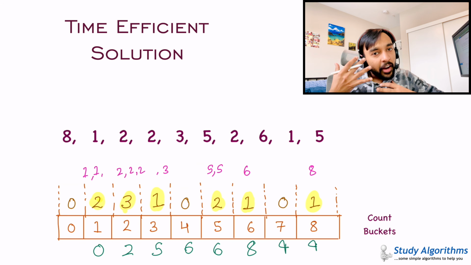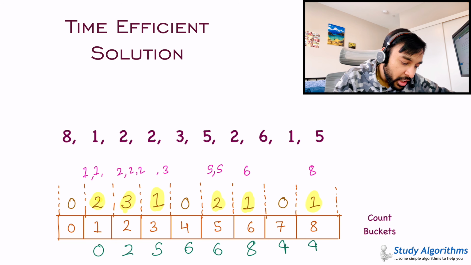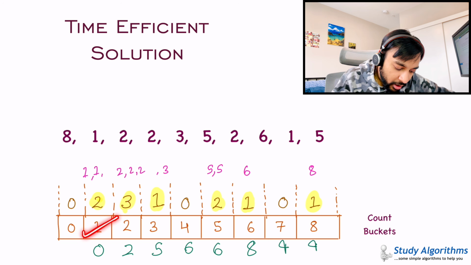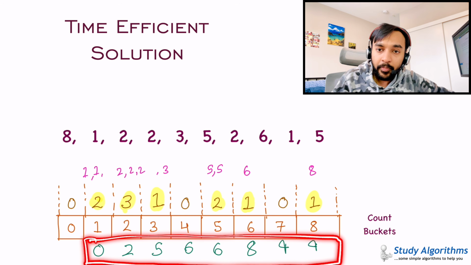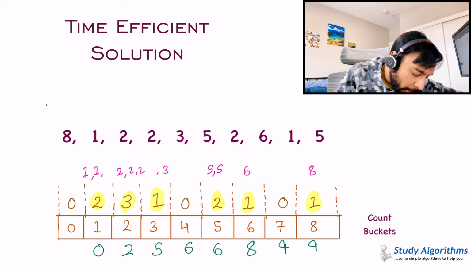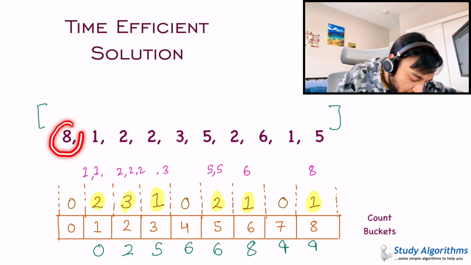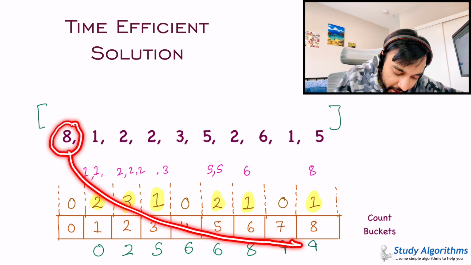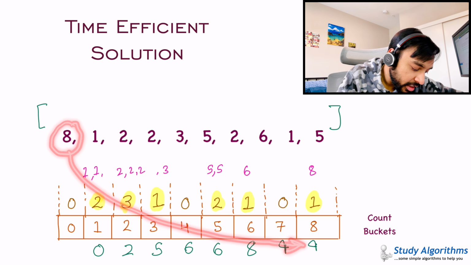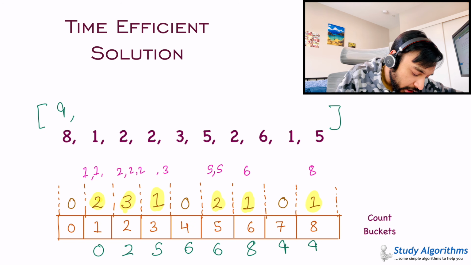So now, if you have to come up with the answer, what you can just do is, you can start looking at all of these indices, and these values will be your answer. So if I have to come up with an output to this question, to find the number of elements smaller than 8, I can look at this index. The value is 9, right? So I can simply write down 9 over here.